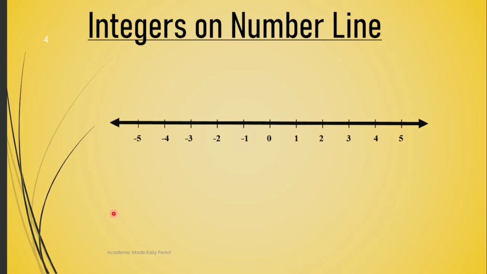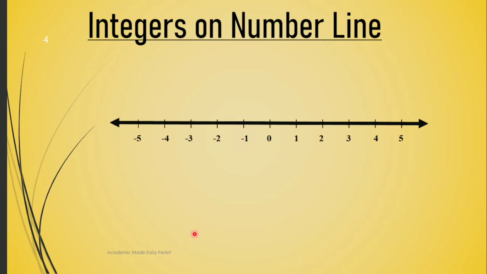We would have learned from zero, right? So from zero, one, two, three, and it goes on. We learned this number line in our lower classes, but now we will be learning it along with the negative sign, negative numbers. Why? Because we are learning integers. So this is the general number line for integers.